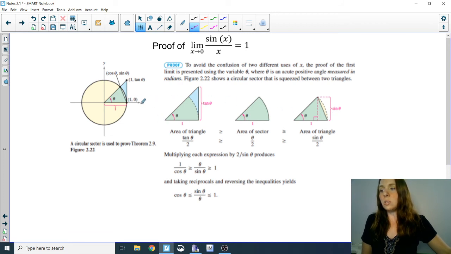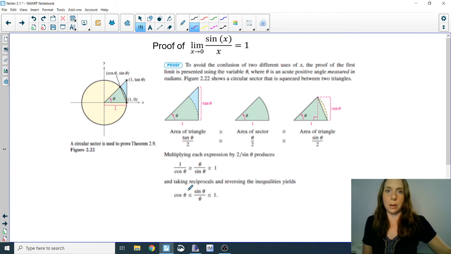It has to do with these areas. You're able to put them in a compound inequality. It's really not that difficult to understand. Again, I just don't want to take too much time going over all of this to keep the video short. So from these areas, we are able to establish this compound inequality.